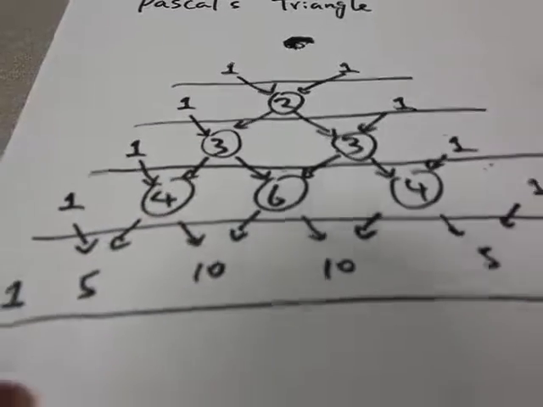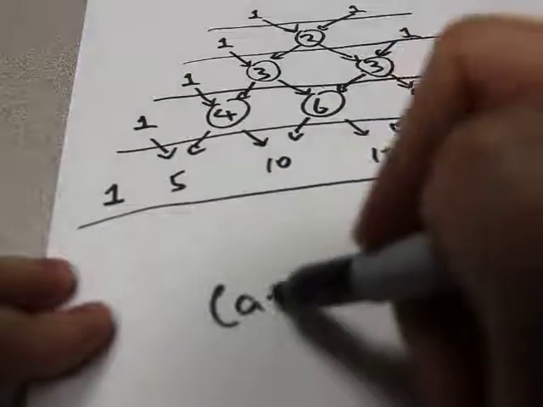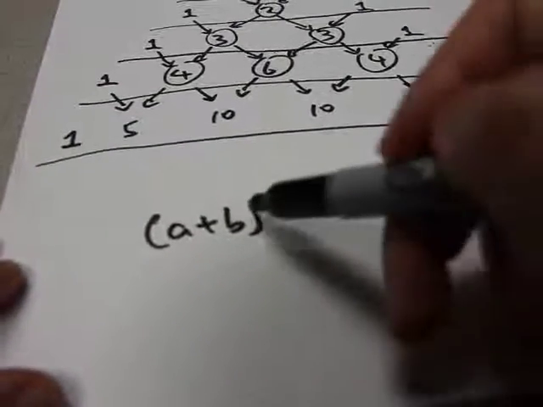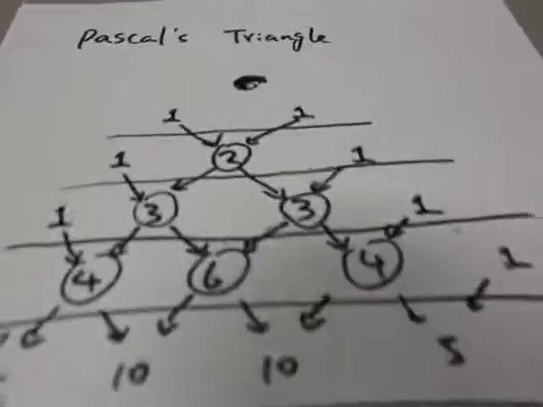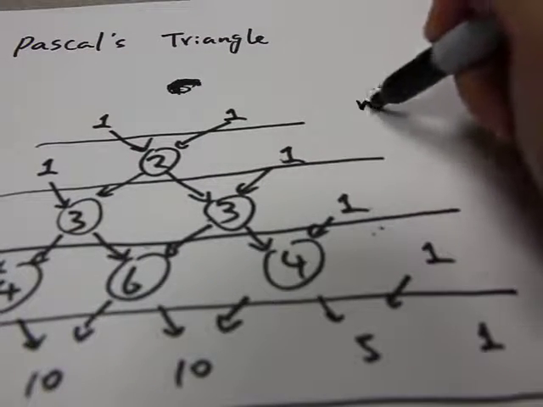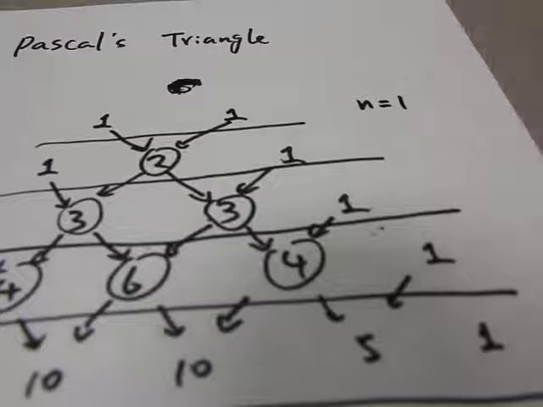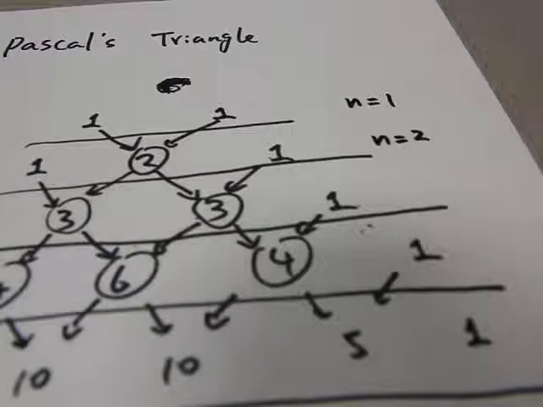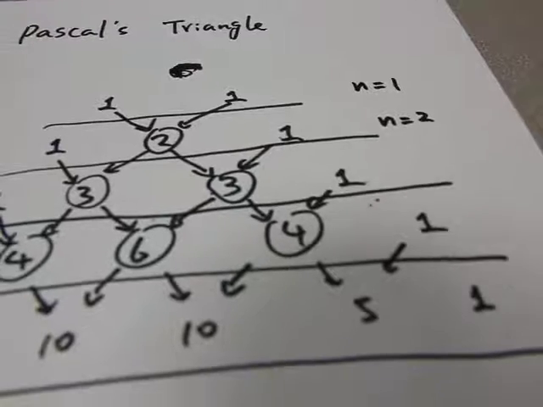Okay? Now I want to talk about what's the relationship between Pascal's triangle and this integer n. So the first row corresponds to when n equals 1. The second row corresponds to n equals 2.